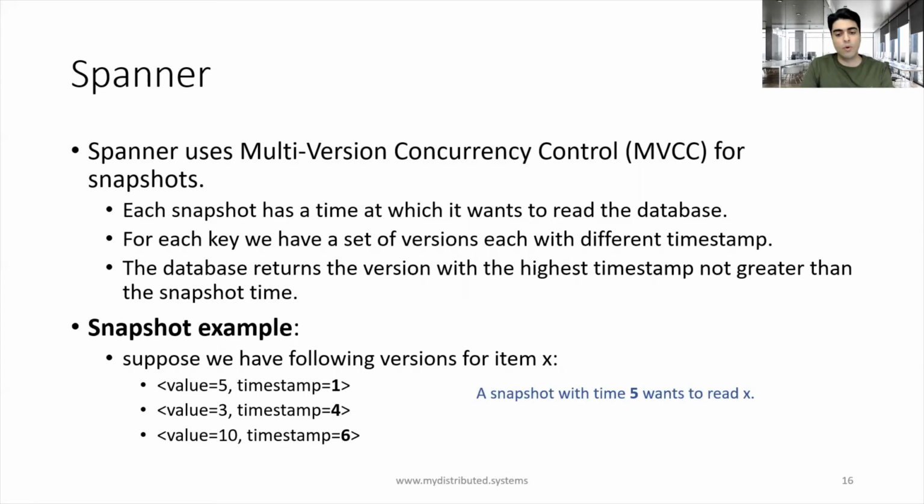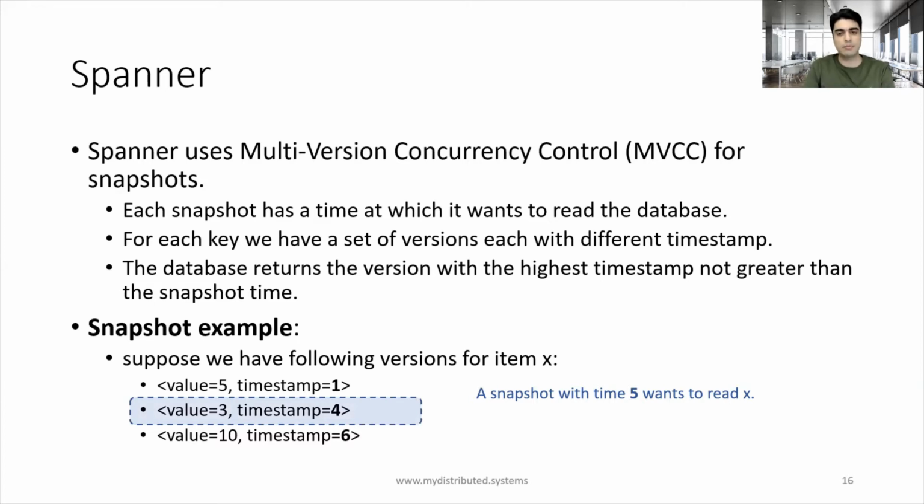And suppose the snapshot wants to read this item at time 5. So the snapshot time is 5 and it wants to read item X. So Spanner returns the version with the highest timestamp not greater than the snapshot time, which is 5. So the version with the highest timestamp not greater than 5 is the second version with value 3.